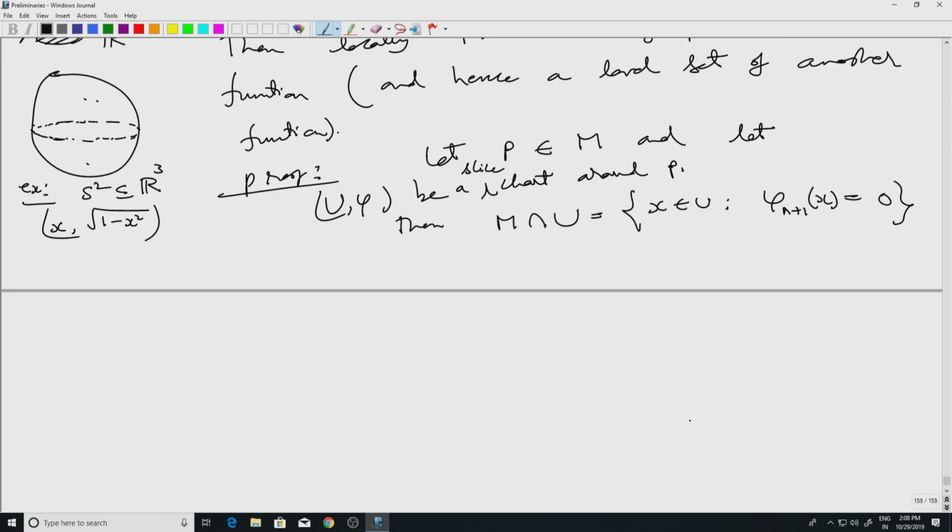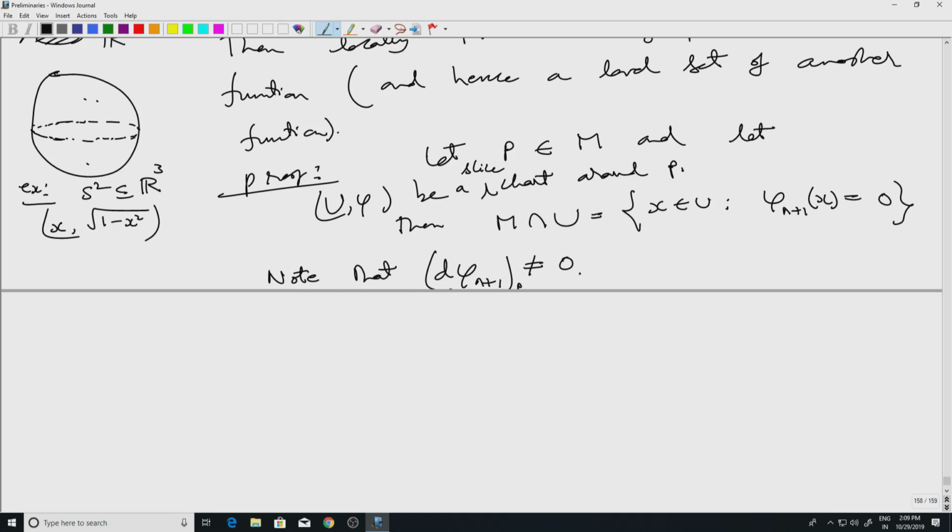Now this immediately tells us, also note that d phi^(n+1), if I look at this d phi^(n+1) at the point P, is not equal to 0, not the 0 map.